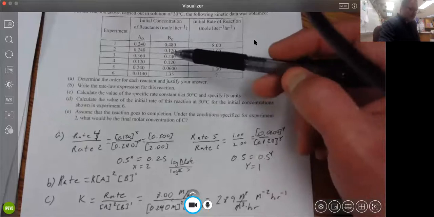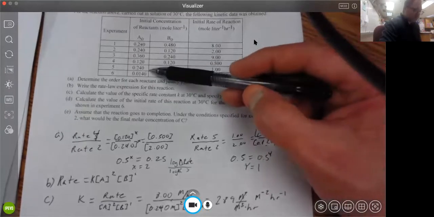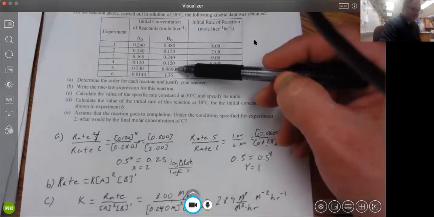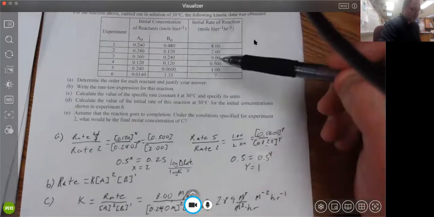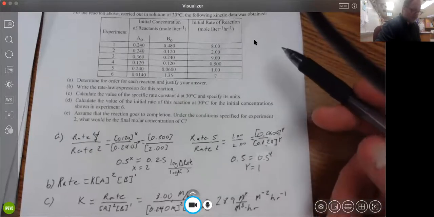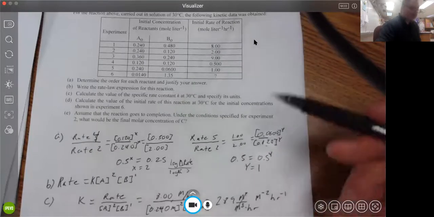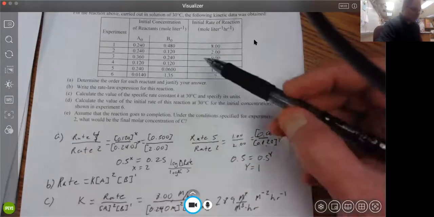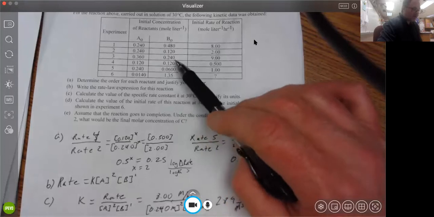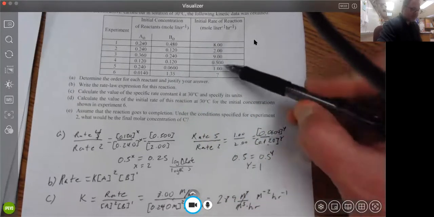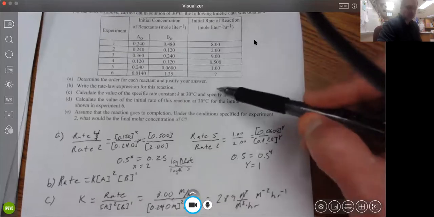The other trial we can use for this is 5 and 2. So we get 0.06 and 0.12, and then 1 and 2. One of the things that you may not know is if you're having to do this without the calculator, like in the multiple choice portion, it doesn't matter if you take this divided by this or this divided by this, as long as you do the same with this.